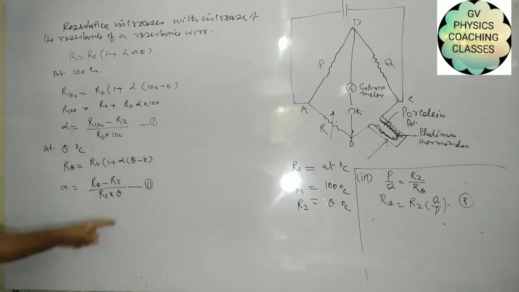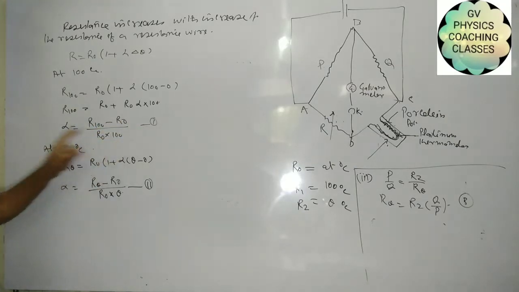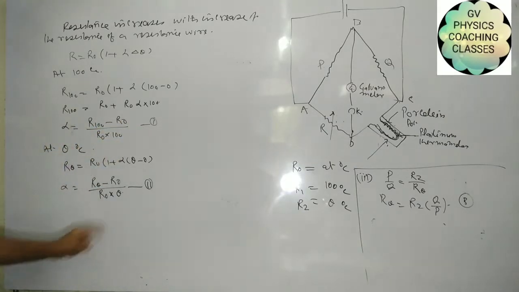Comparing equation first and second, alpha is equal to this one and alpha is equal to that one.